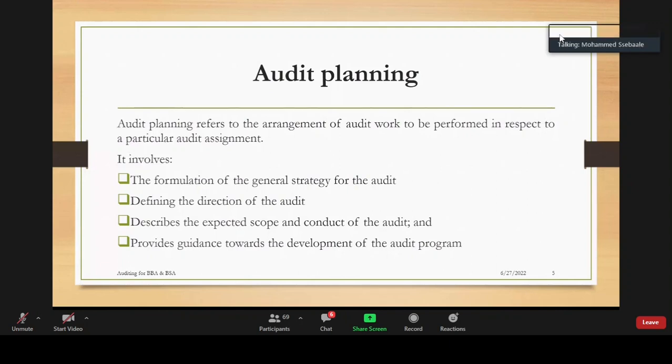Like the way you plan your exam period, and you say, I'm going to read from this topic to this topic, then I rest, then I'm going to touch accounting, and because I'm doing accounting as a first paper, I'm going to read it maybe towards that paper. It makes whatever you do organized, and once you have it, you're going to use sufficient time, meet your deadlines, and gather sufficient audit evidence.